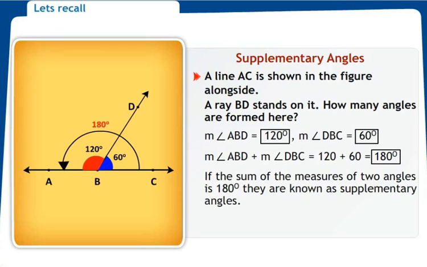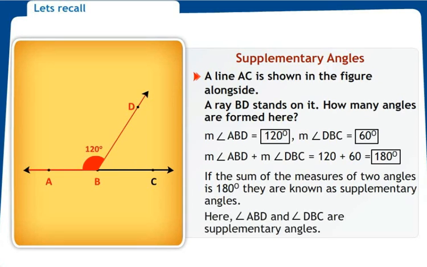But now we are studying supplementary angles. Since the measure of angle ABD plus angle DBC is 180, they are said to be a pair of supplementary angles.